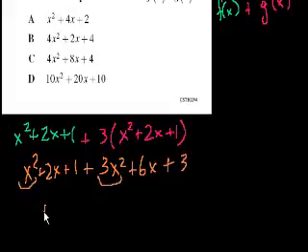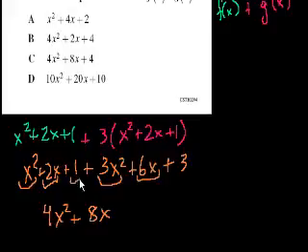You add those together, you get 4x squared. And then I have a 2x and I have a 6x. Add those together, I get plus 8x. And then I have a 1 and I have a 3. So plus 4. 4x squared plus 8x plus 4. And that's choice C. Next problem. Next page.